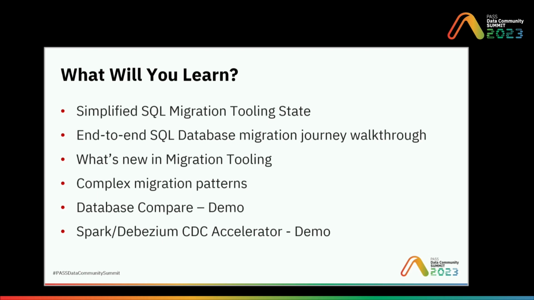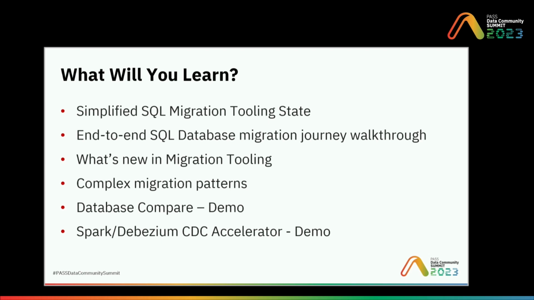We will go through a demo of each of the tools and each of the steps involved in the process and tell you what the different configurations available are and how you can tweak them to meet your business needs. And then we'll talk about the new things coming up in the migration tooling ecosystem. And then we understand and acknowledge that everything cannot be solved by pre-built tools.